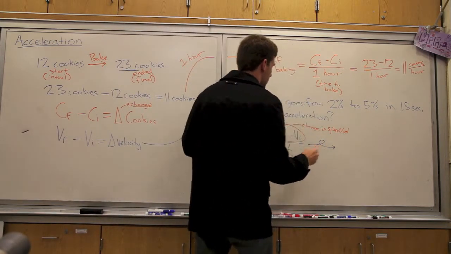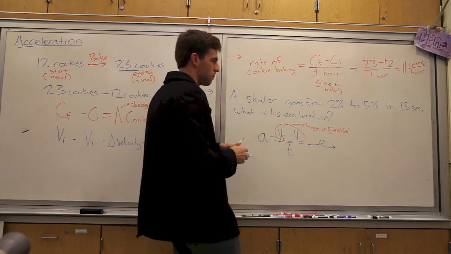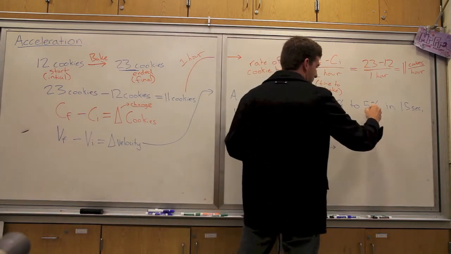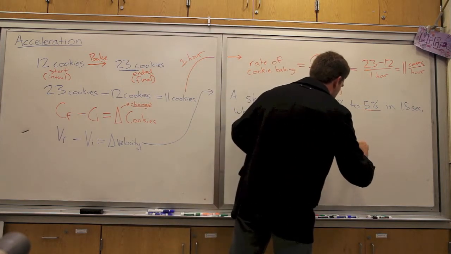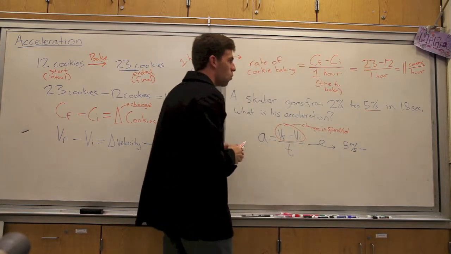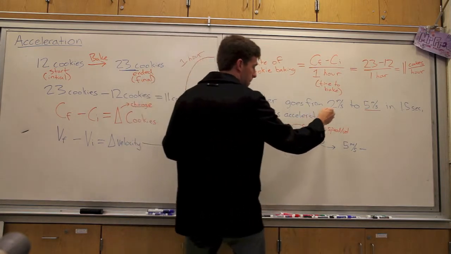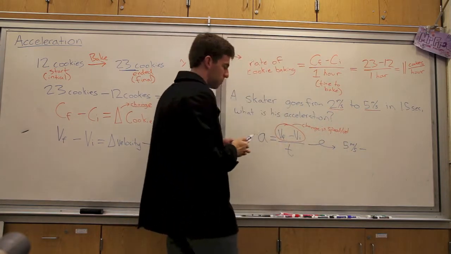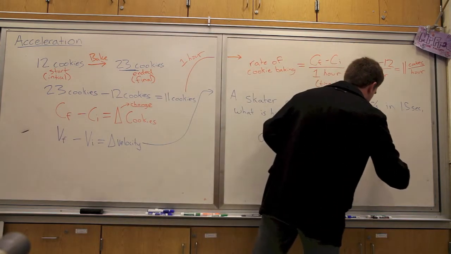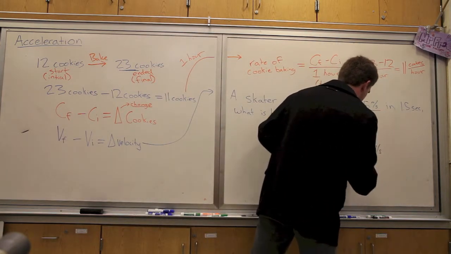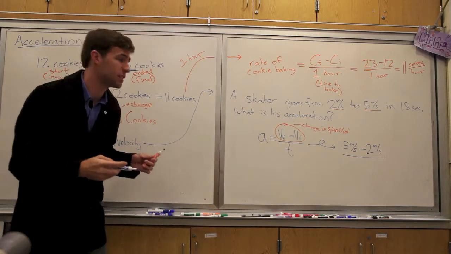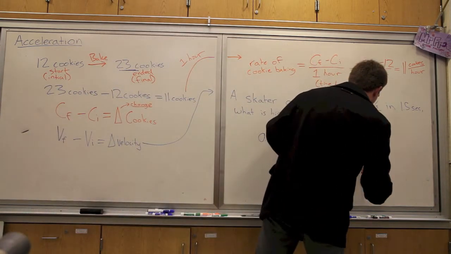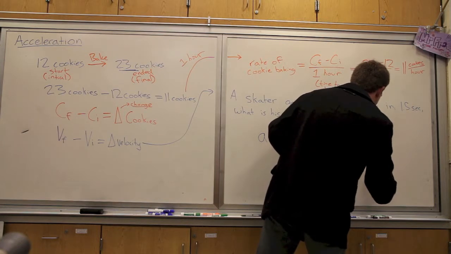What was his final speed? That was 5 meters per second. Subtract what was his initial speed, 2 meters per second. How long did it take him to increase that much in speed? That was 1.5 seconds.